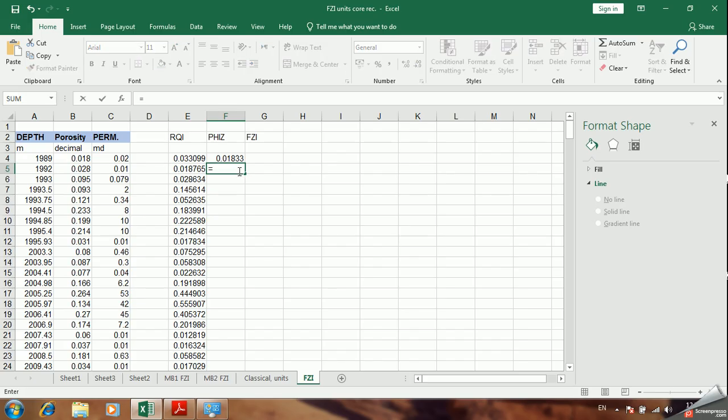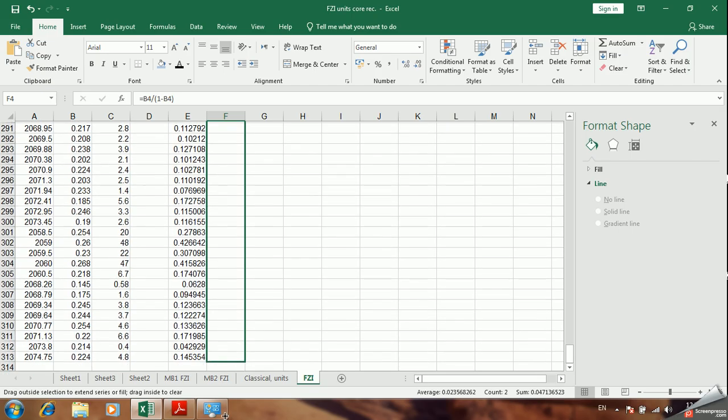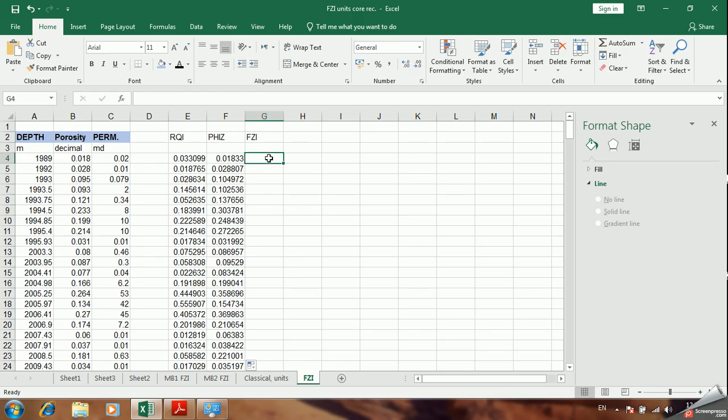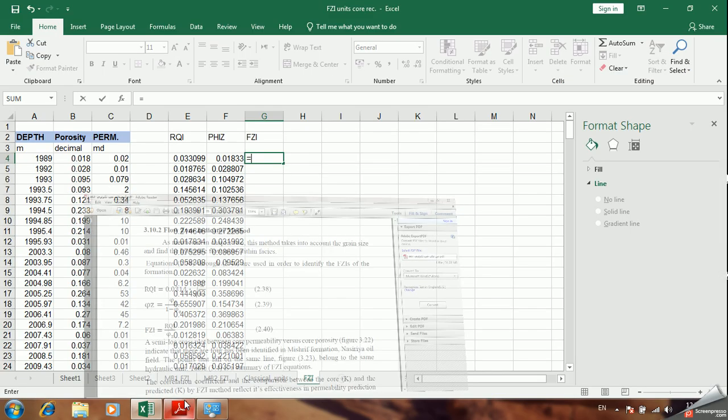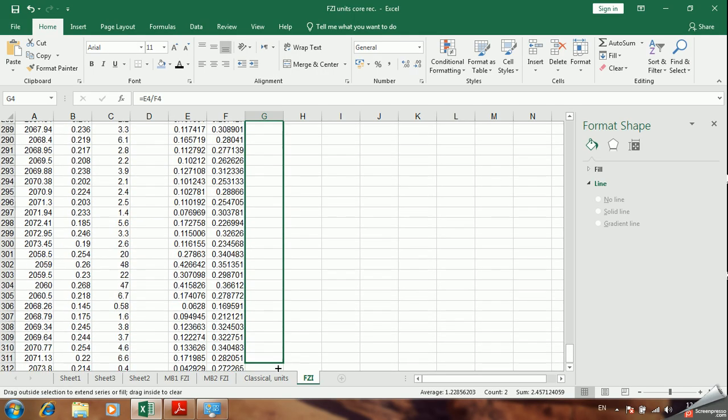Again, to be sure that everything is okay, porosity over 1 minus porosity, and then find the flow zone indicator for the rest of the data. Now the FZI is the reservoir quality index over phi z. Let me see.